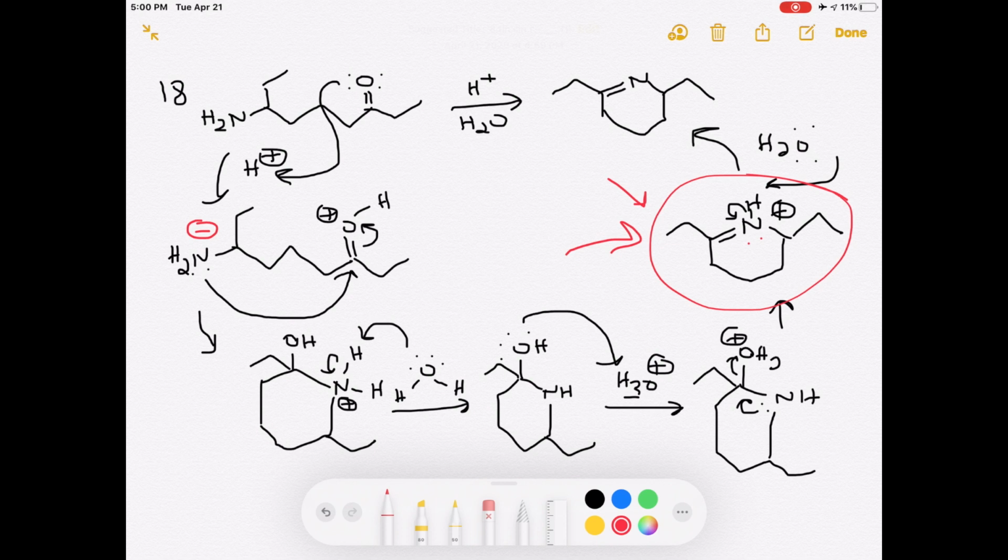And also for part D, we have the starting material but with no carbonyl group. In fact, there's just a positive charge at that carbon, but there's no oxygen.